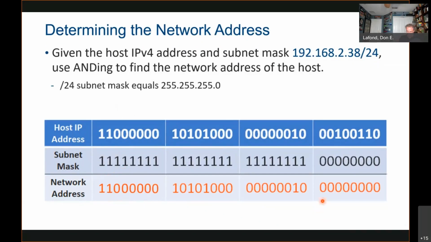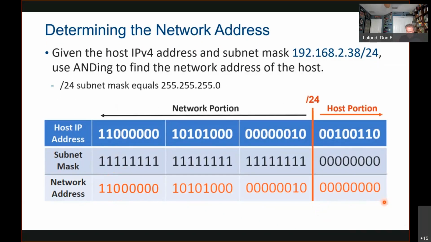Notice that the last octet is all binary zeros. Because we are using a /24 subnet mask, the first 3 octets represent the network portion, and the last octet is the host portion. Network addresses will always have binary zeros in their entire host portion, however long it is. In this case, the last 8 bits.